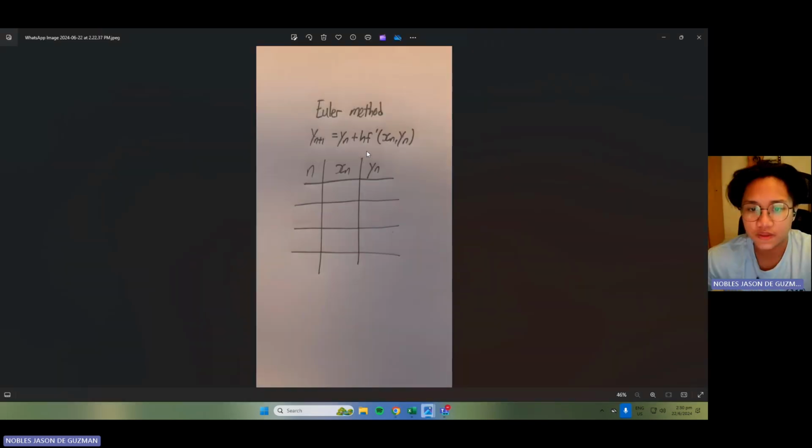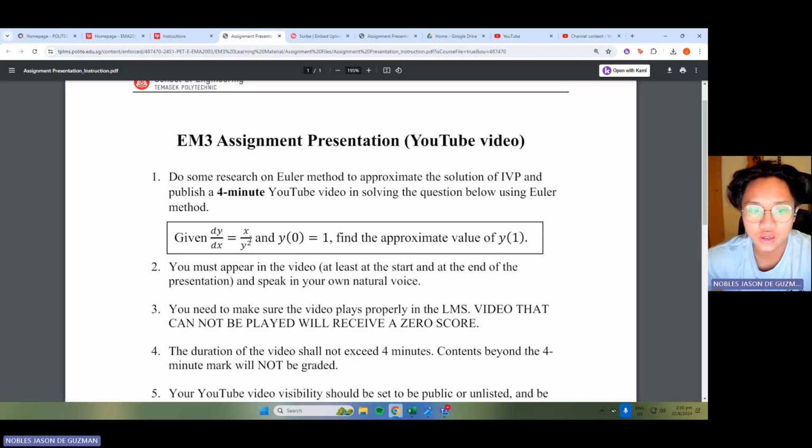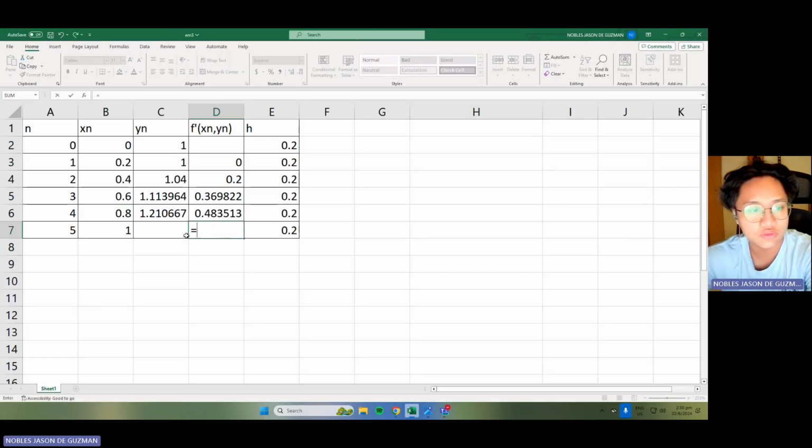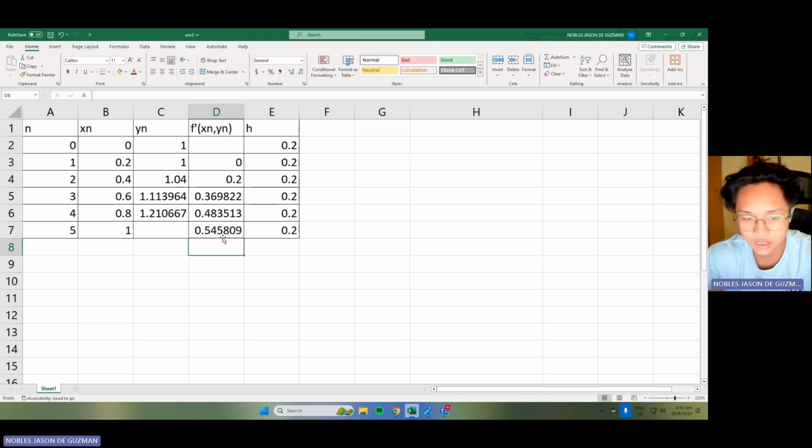Looking at this, when we want y_5, the n over here will be 4. That means we have to use x_4 over y_4 squared. So over here, we'll just do x_4 over y_4 squared, and this is the dy/dx.